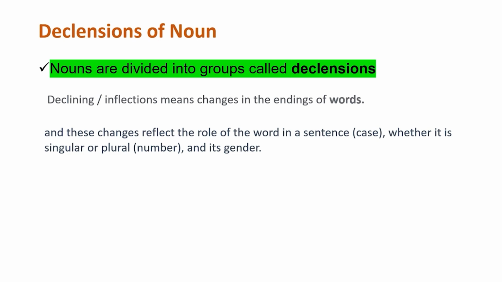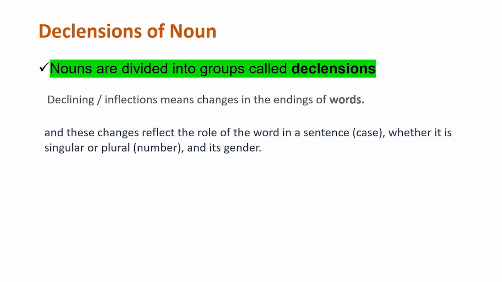So by definition you can say declension is a systematic classification of nouns into groups which are based on the grammatical features and patterns of inflection they follow. So they both are related, but they are not the same concept, so don't get confused.